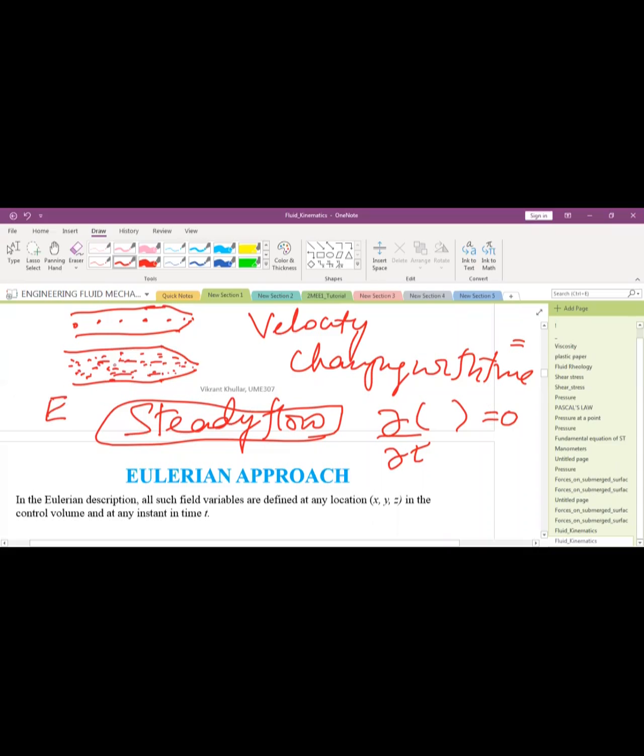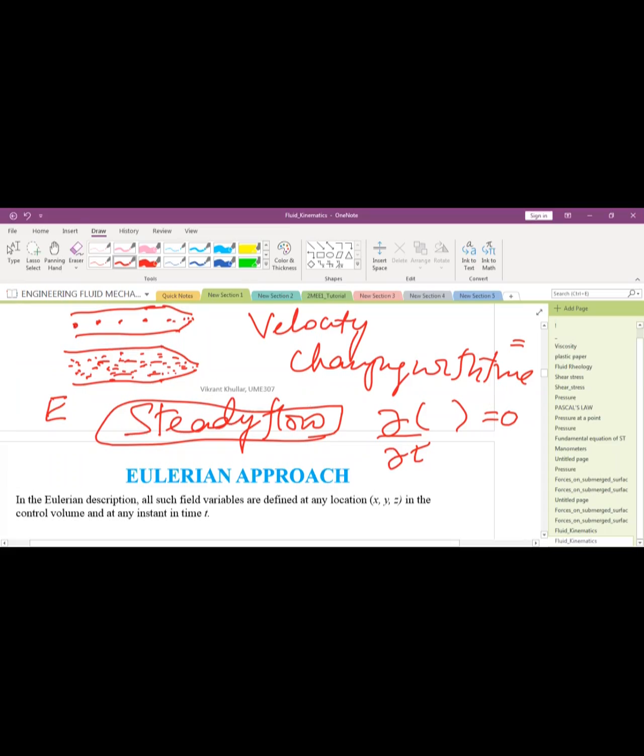अब मुझे बात बताइए, मान लीजिए ये फ्लो हो रहा है इसके अंदर, हर पॉइंट पे मैंने वेलोसिटी डिफाइन कर दी. इज दिस स्टेडी फ्लो और नॉट? Yes, sir. Steady flow. Now if I look at this flow from a Lagrangian perspective, is this a steady flow?